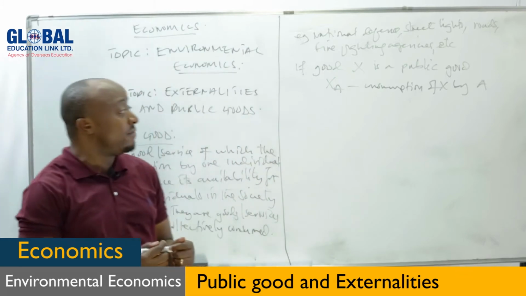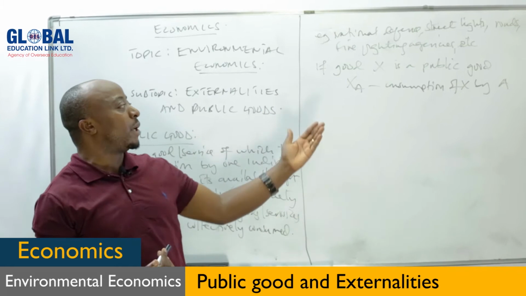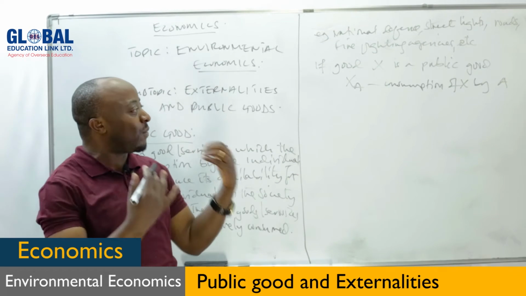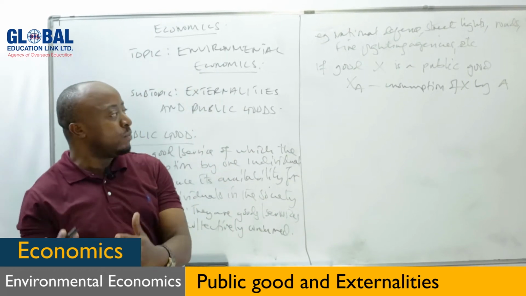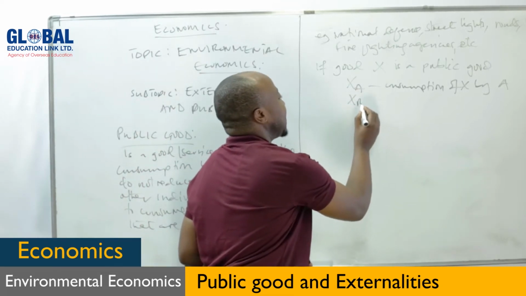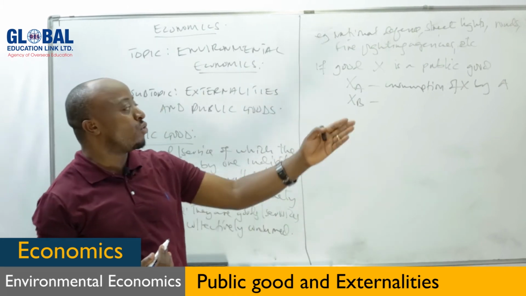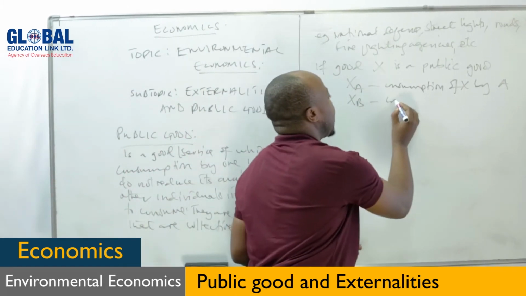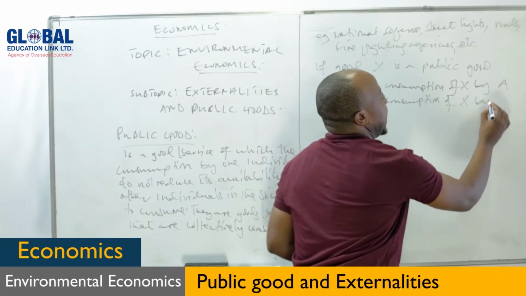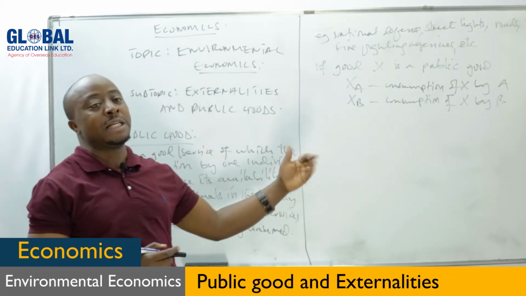It means we have two individuals, individual A and B. These two individuals wish to consume this public good X. Now, XA stands for the amount or the quantity of good X consumed by individual A. Likewise, XB stands for the quantity of good X consumed by individual B. So here it will be the consumption of X by individual B. So these two individuals are consuming this X, which is a public good.